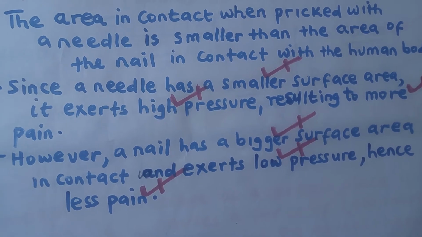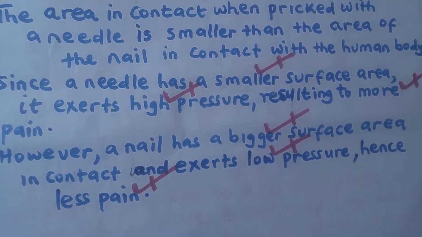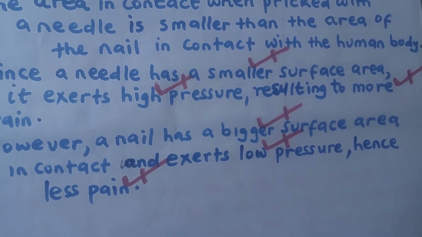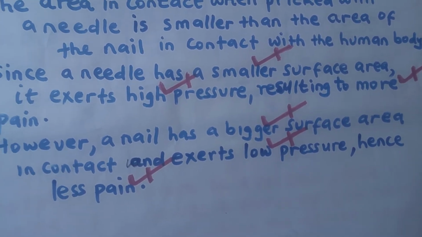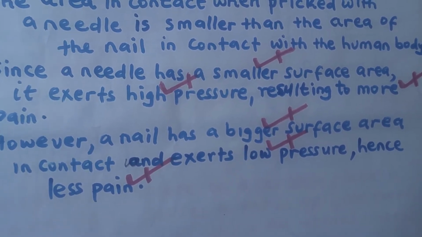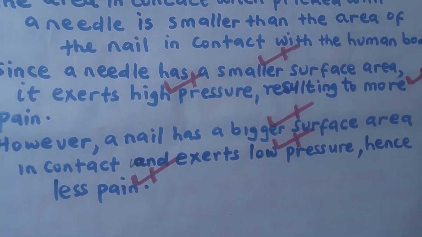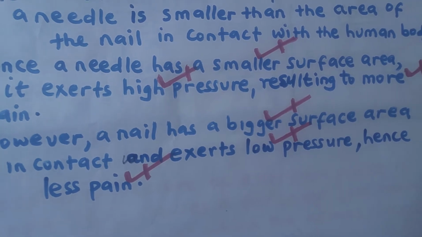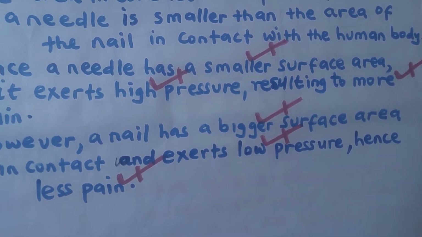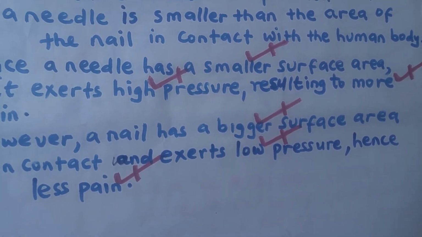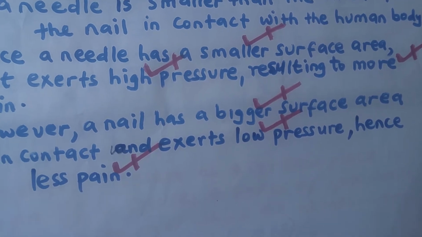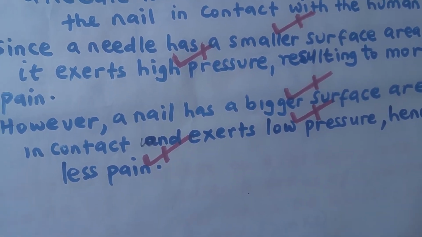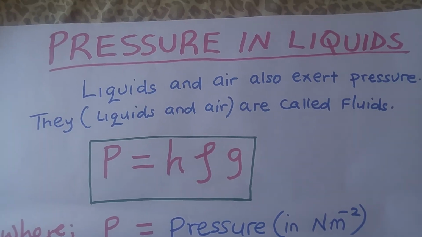And then go ahead and tell him, because the needle has a small surface area, it exerts high pressure. And that high pressure results into more pain. Then for a nail, it has a big surface area. And therefore, it exerts low pressure, making the person to feel less pain.